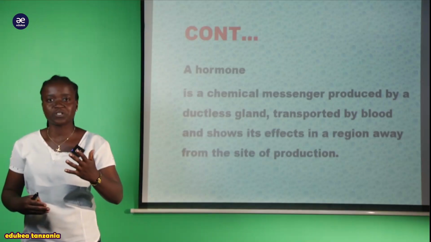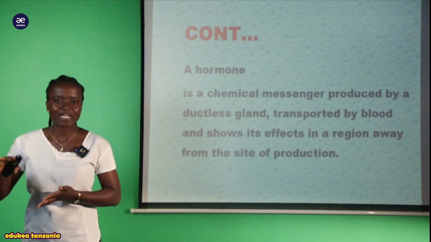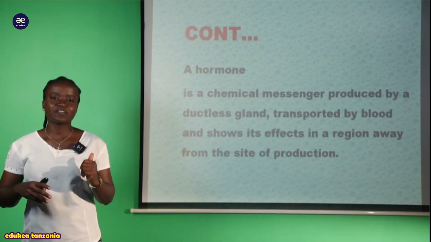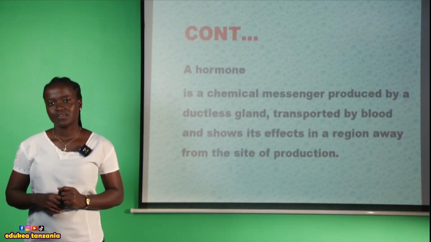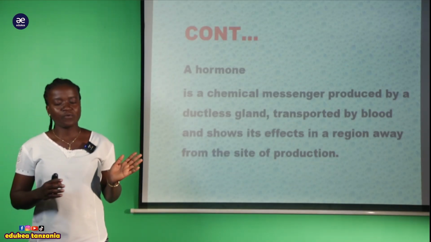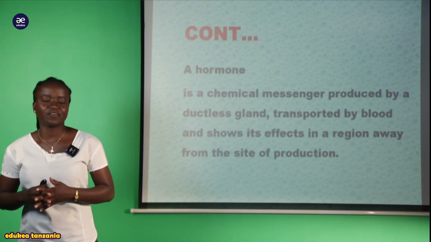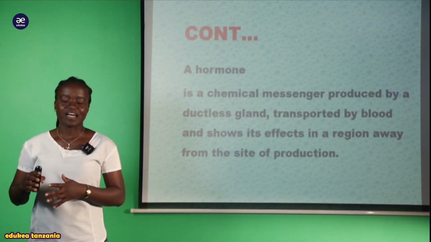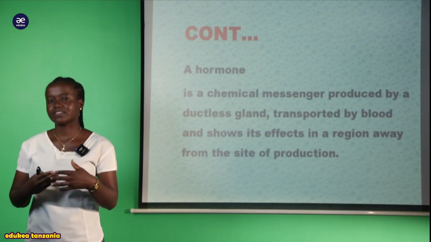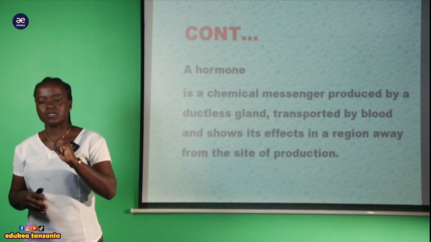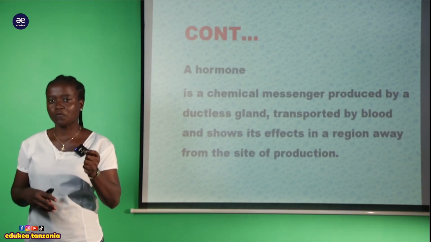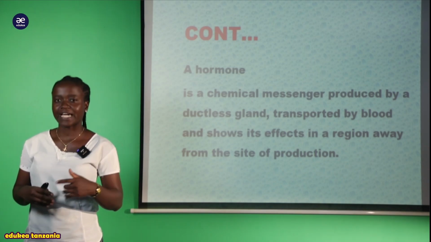It provides a response in different parts of the body other than the area of production. A good example, we are going to see more further when we discuss it later. The examples of these endocrine glands or these hormones and production of different kinds of response.